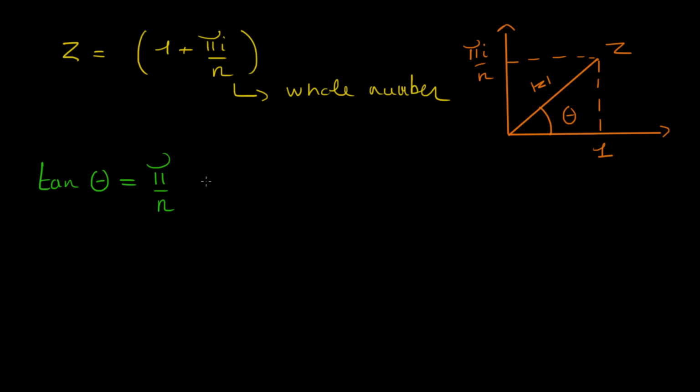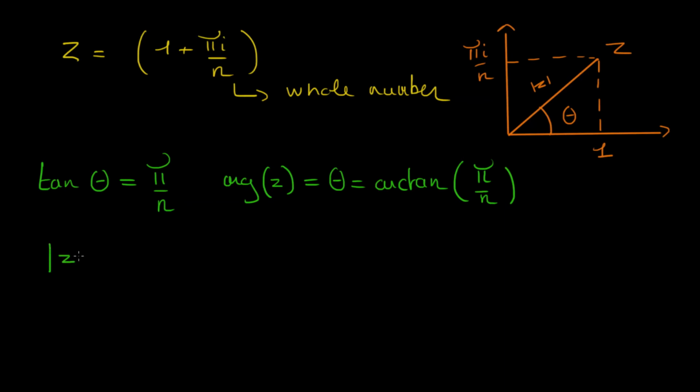So the argument of z, which is equal to theta, is equal to the arctangent of pi over n. Now, by using the Pythagorean theorem, we can tell that the modulus of z is equal to the square root of 1 plus pi squared over n squared.